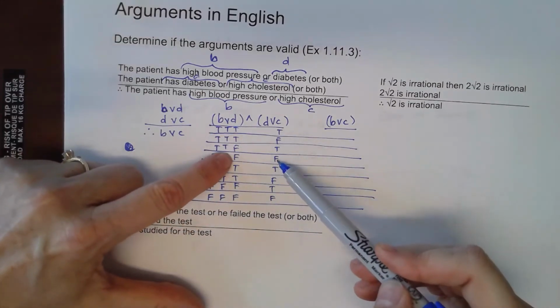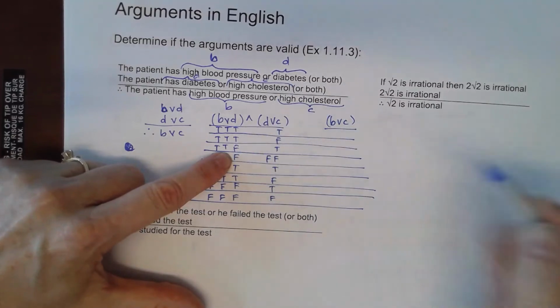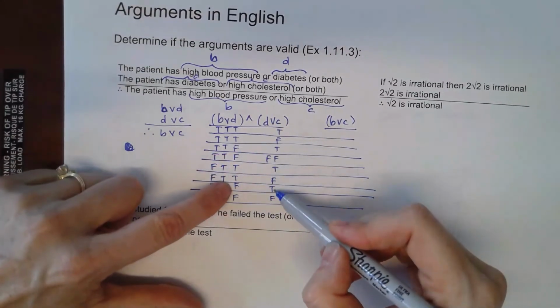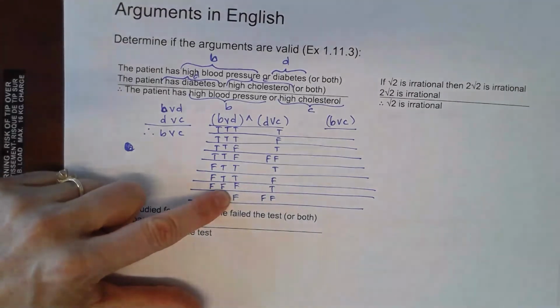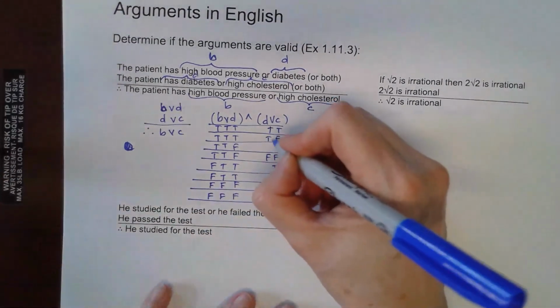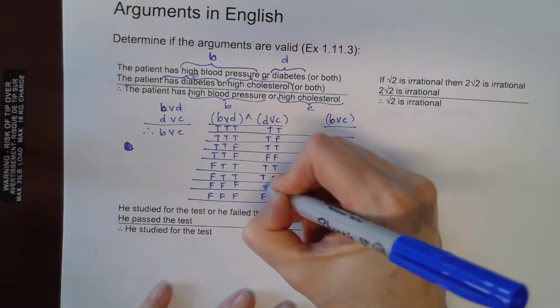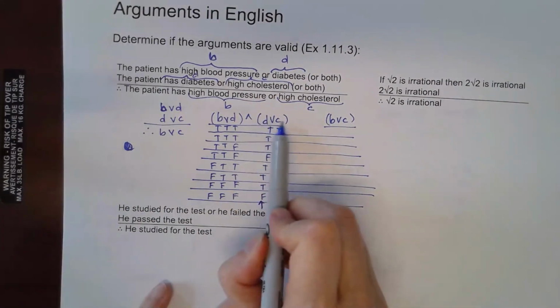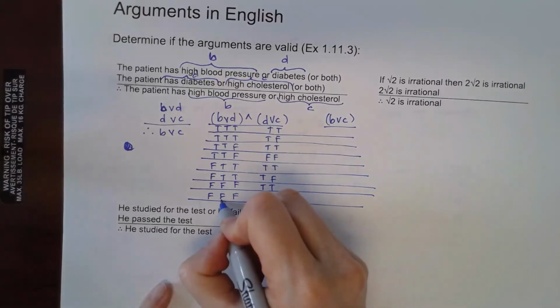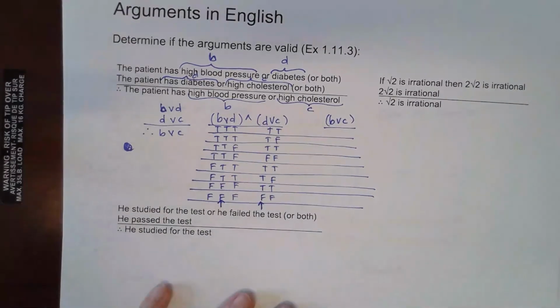So that happens here on the 4th row, and it happens here at the bottom. But all the rest of those have at least 1 true. So here's the result of this disjunction. Here's the result of this disjunction.